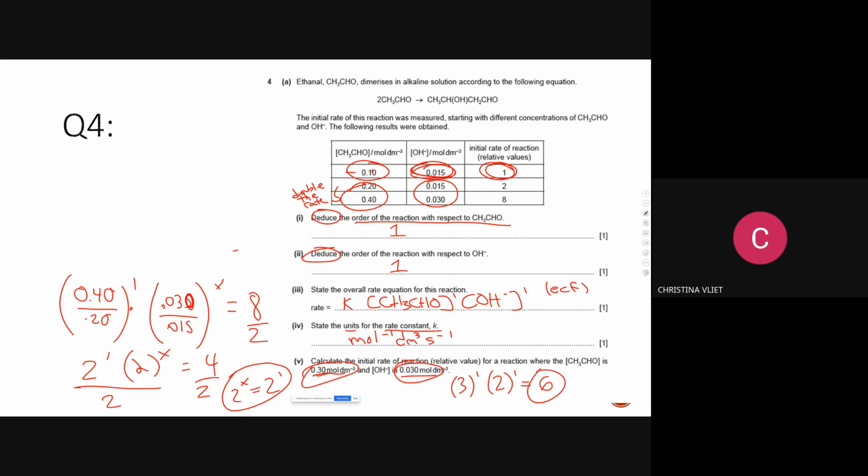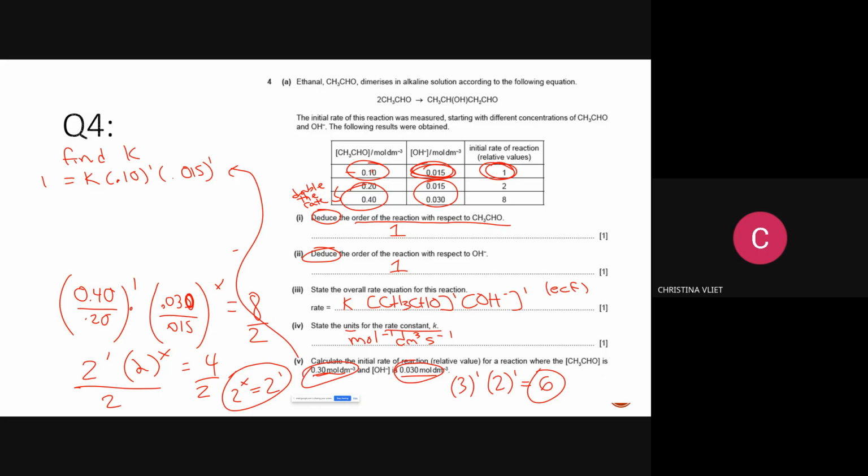If you can't figure it out this way, the first thing you would do is find K. Pick an experiment where you can find K. I'm going to choose experiment 1. So plug in the data for experiment 1. So 1 equals, because that's the rate, K, 0.1 to the first, 0.015 to the first.